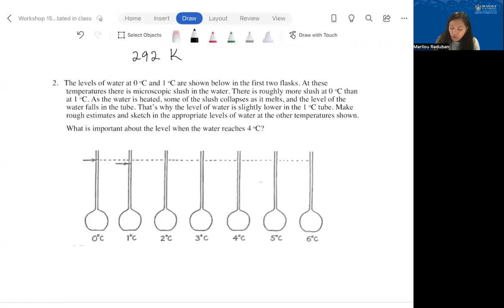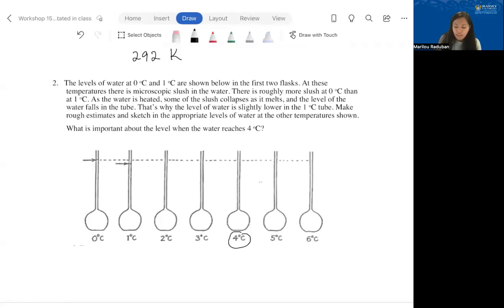And as the temperature decreases from 6 degrees Celsius to 4 degrees Celsius, water should contract, right? Because temperature decreases, water should contract as usual, but only up to 4 degrees Celsius.